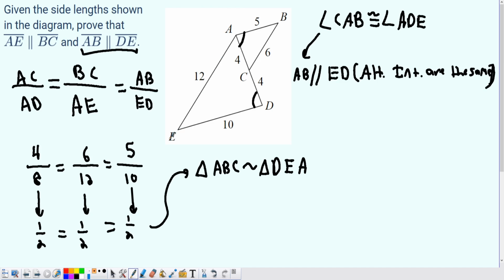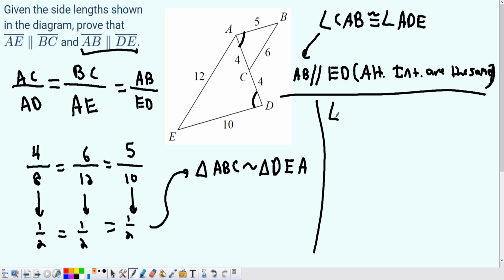Well, I'm going to pick angle BCA. Going from B to C is the biggest side, C to A is the smallest.